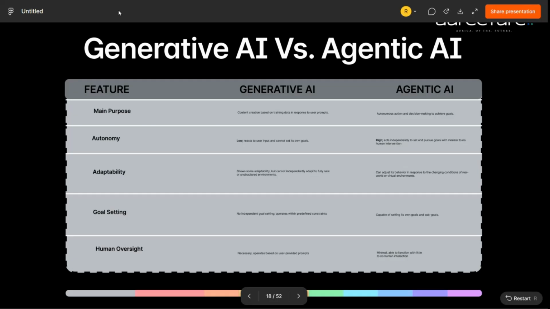Guys, before starting towards agentic AI or MCP tools or MCP servers, have you heard about MCP servers? Have you heard anything related to agentic AI or generative AI?